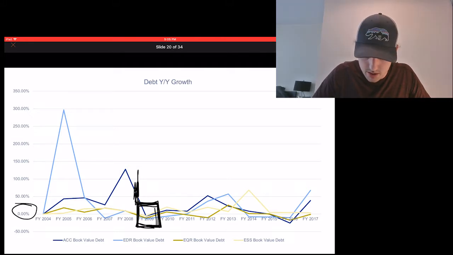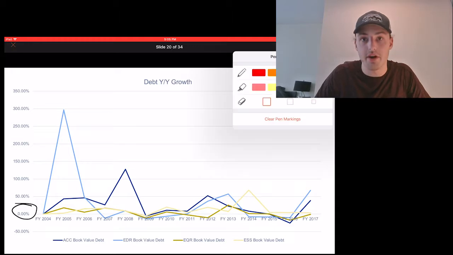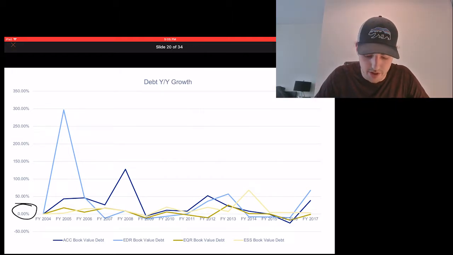So here we can see that essentially all four of these firms had their debt growth go negative in 2009, right in the heat of the crisis. Then in 2010, all four of them were able to modestly increase their debt positions.